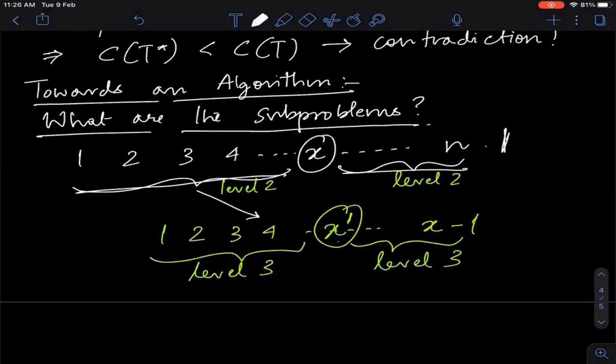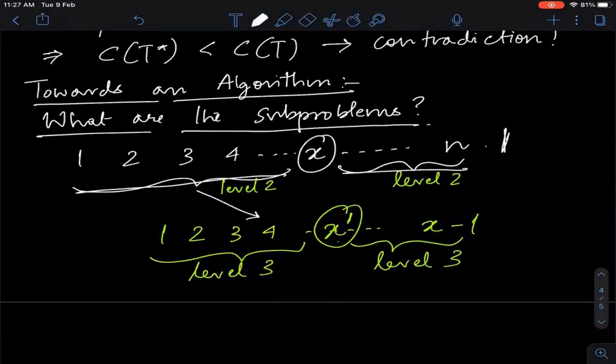Is it enough if I look at the entire sequence of items, 1 to n, to just solve prefixes and suffixes? Excellent. So we need to define a subproblem for every possible subarray of this entire array.